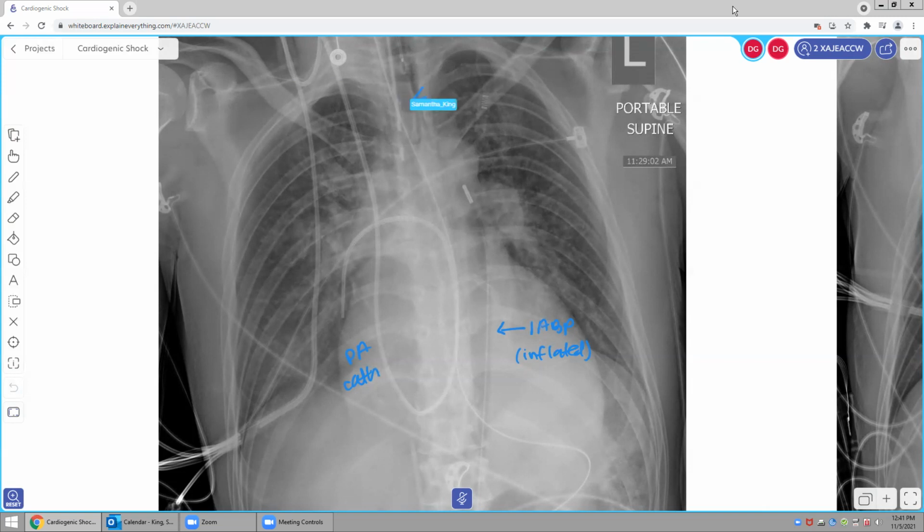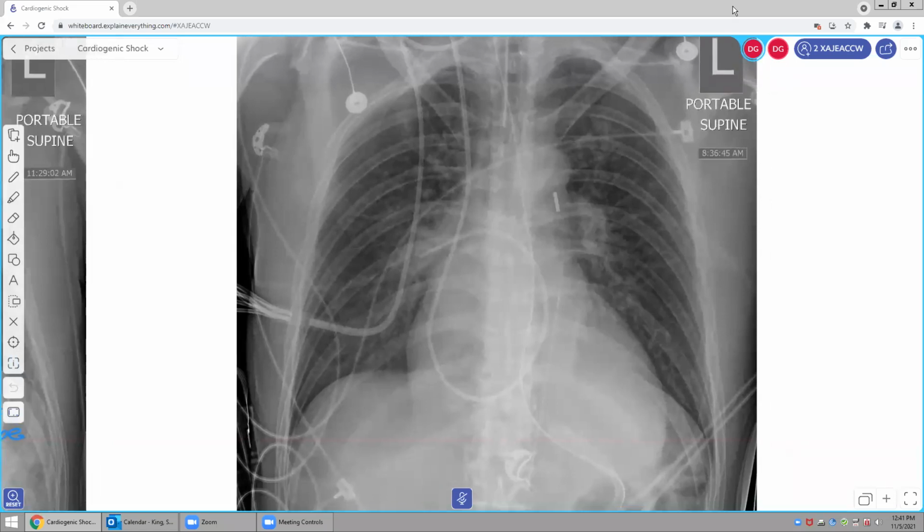Yeah. Gastric tube should stay midline in the esophagus and then should go to the patient's left under the diaphragm into the stomach. Great.